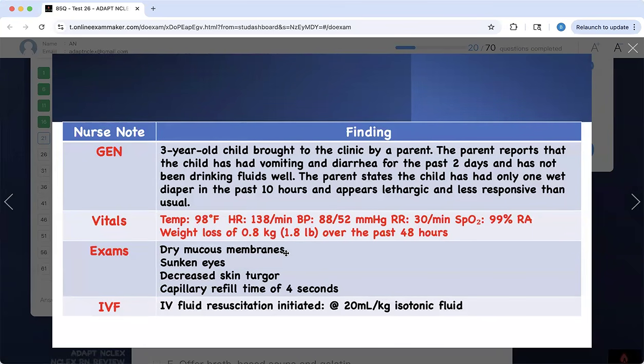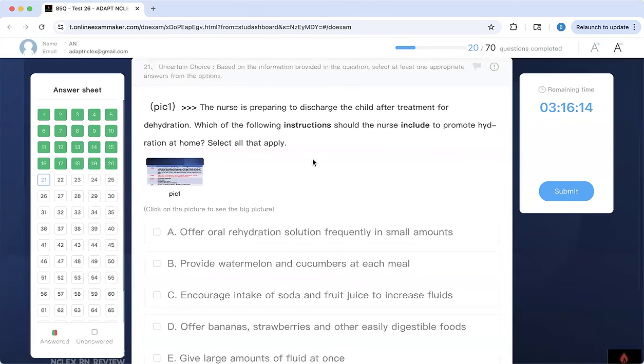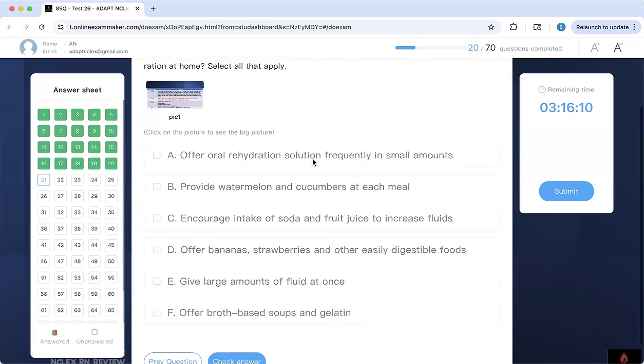Dehydration: the mucous membranes are dry, sunken eyes, decreased skin turgor, capillary refill longer. We initiate fluid 20 mL per kilo isotonic. All this is telling you it's a dehydrated patient. We resuscitate the patient. The nurse is preparing to discharge the child after the treatment. Which instructions should the nurse include?